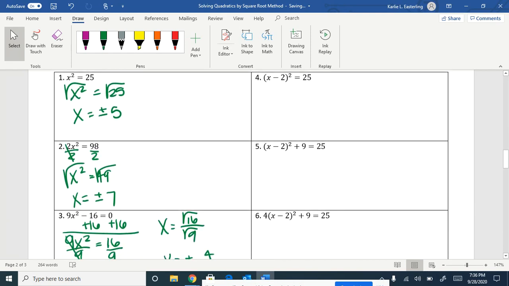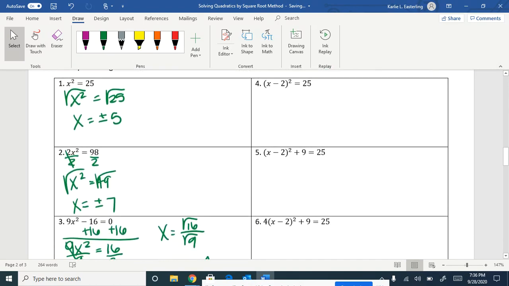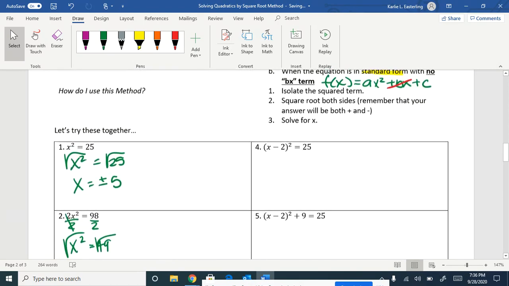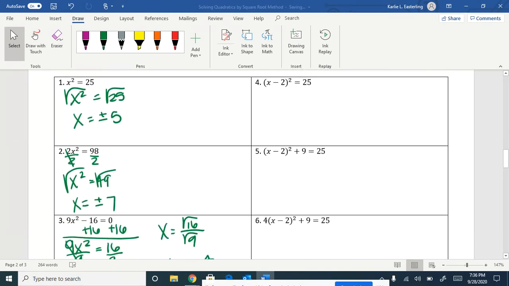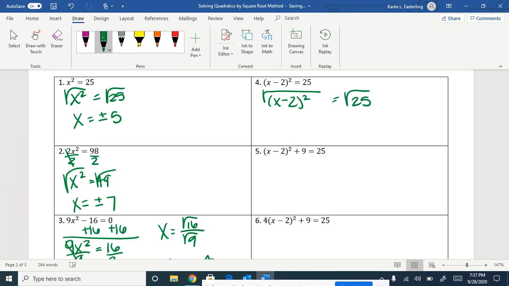All right, so let's go up and look at number 4. Here is when we are in that vertex form. Because our square is isolated, we can go ahead and take the square root. We're going to take the square root of (x minus 2) squared and the square root of 25. So this will give us x minus 2 equals plus or minus 5.